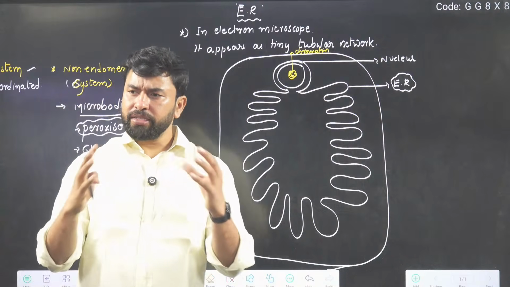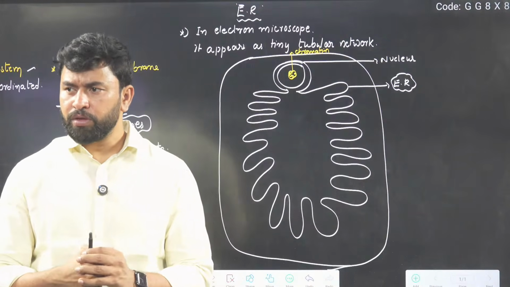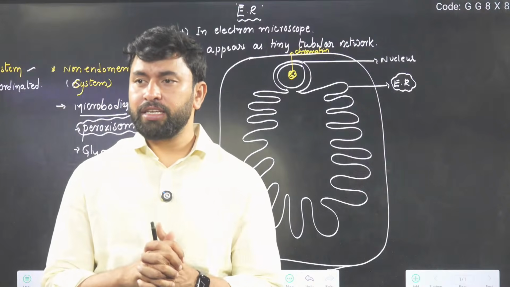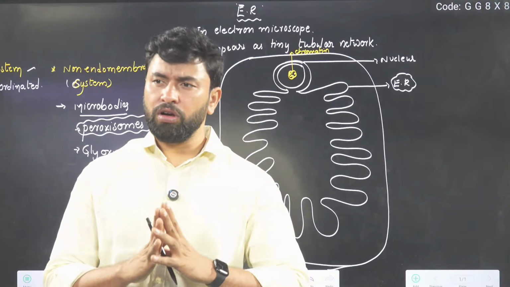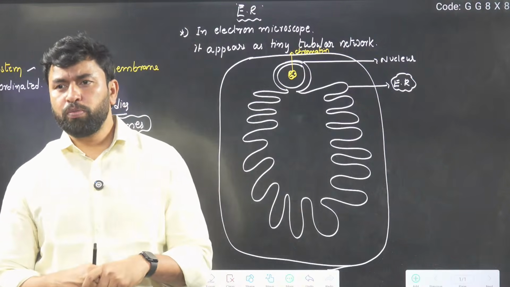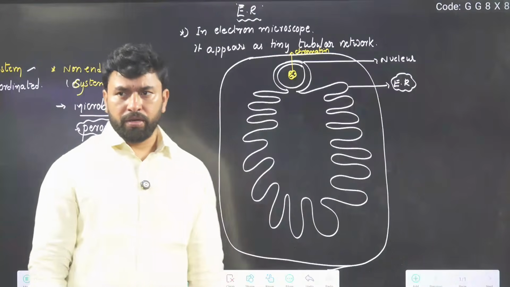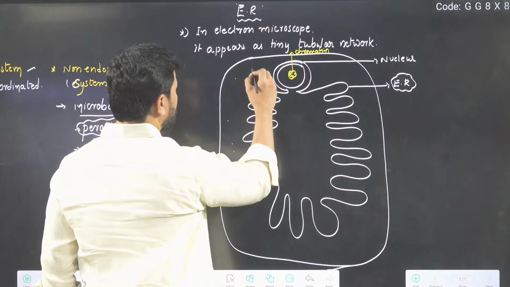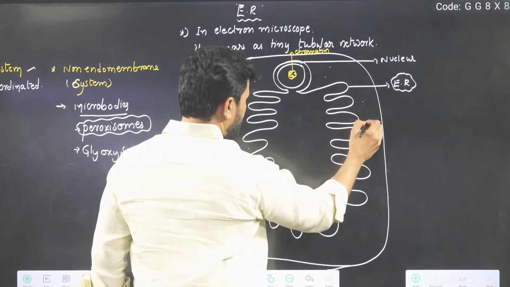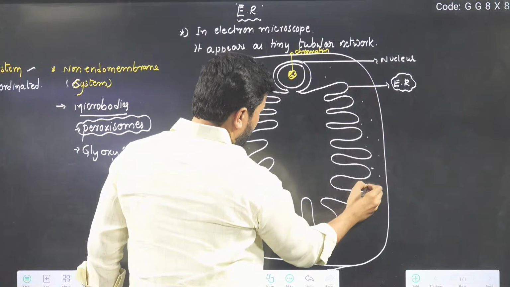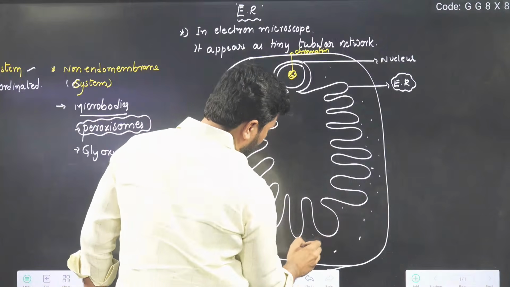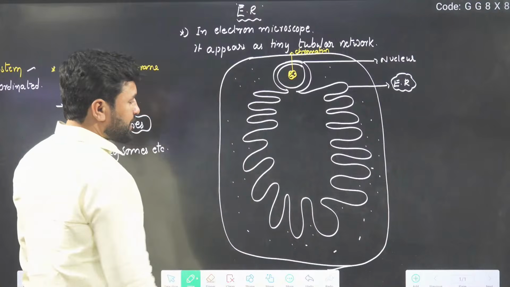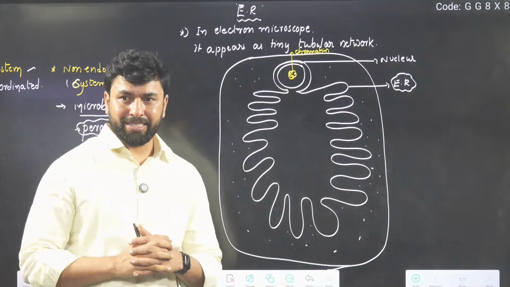Almost the entire cytoplasmic area would be occupied by this endoplasmic reticulum; almost all corners, it will go. If you see the endoplasmic reticulum appearance, this is the cytoplasmic space. Now, the endoplasmic reticulum will divide the cytoplasm into two places.